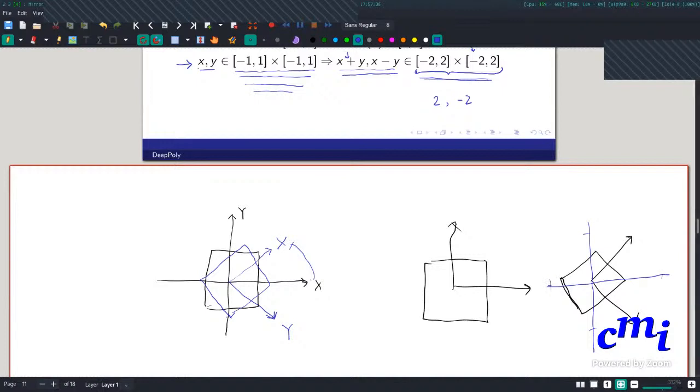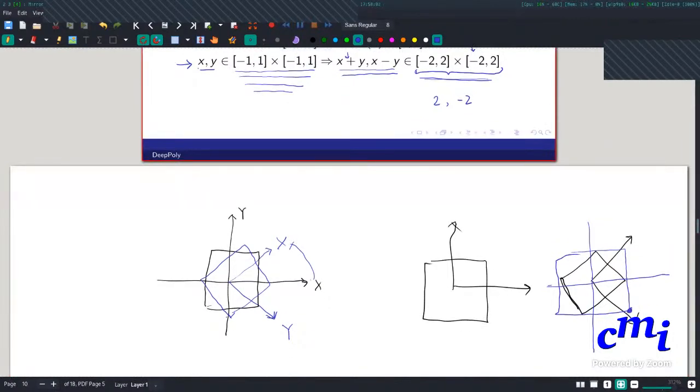So it's only going to be rectangles where all the sides are parallel to the axes. So the abstract domain that we get on the output side is some rectangle that looks like this. Of course, these points are not in your image, but they are in the abstract domain. So in this case, this is actually not precise.